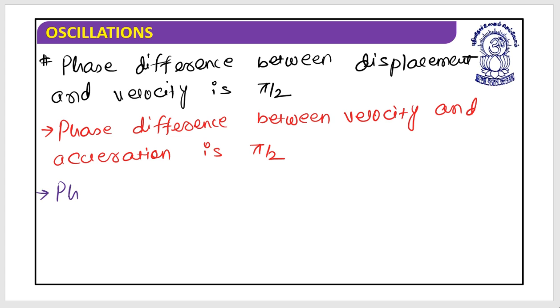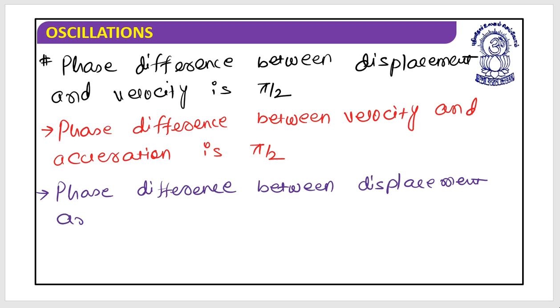And the phase difference between displacement and acceleration is pi, which is 180 degrees. So please keep this in mind: a phase difference of pi by 2 between velocity and displacement, again pi by 2 between velocity and acceleration, and pi between displacement and acceleration.